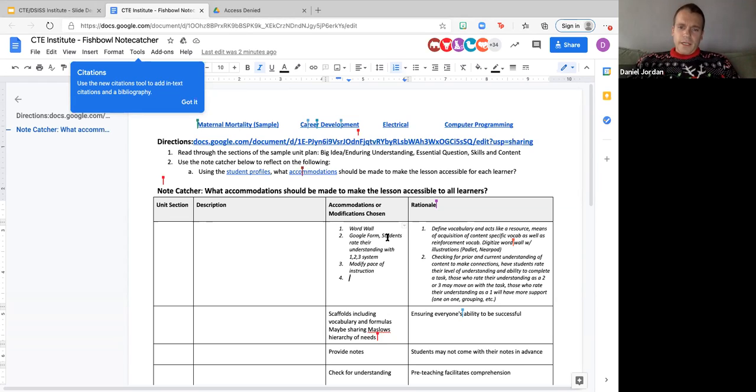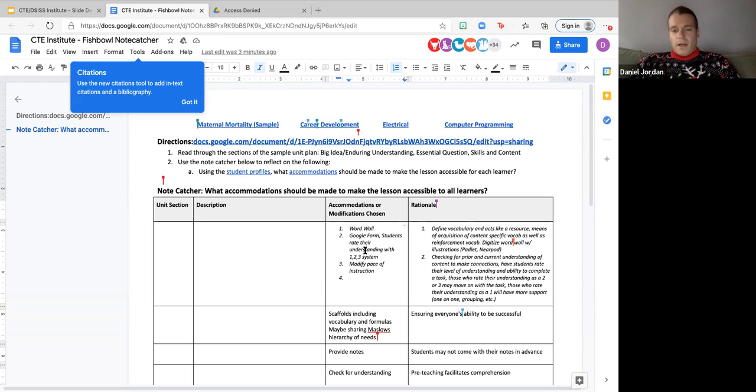Some other accommodations we put in were students rating themselves with a 1, 2, 3 system. Before a task, you ask them, what's your level of understanding, and each level has its own meaning. 1 means they need help, 2 means they think they understand but they want to try it, and 3 is they totally have it. Based on that, you can have your class move at different paces without slowing it down.